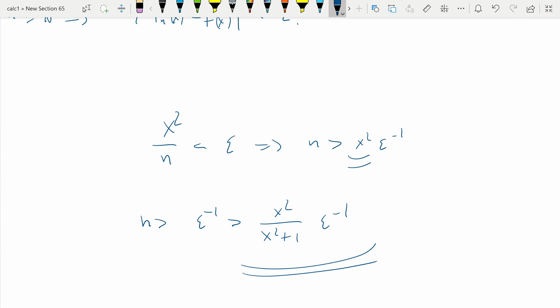And so it can be made uniform. But this is not the case up here, because x squared ruins everything, because the values of x can be arbitrarily large. Here, as x goes to infinity, this quotient is going to 1. And that's the main thing at play.